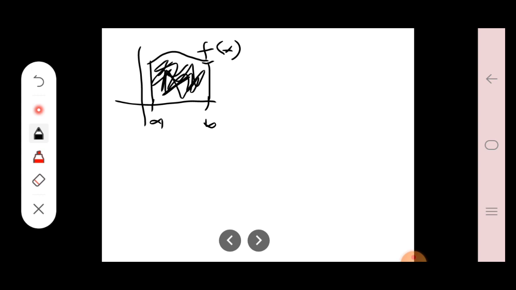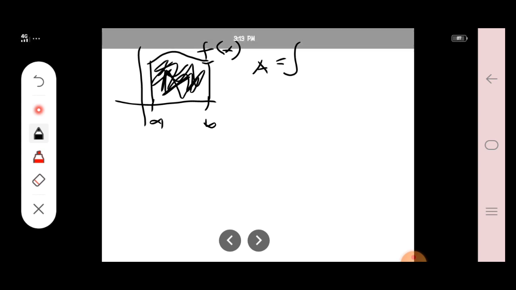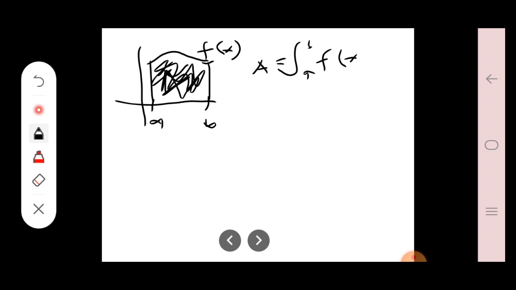So the area is simply the definite integral from A to B of f of x dx.